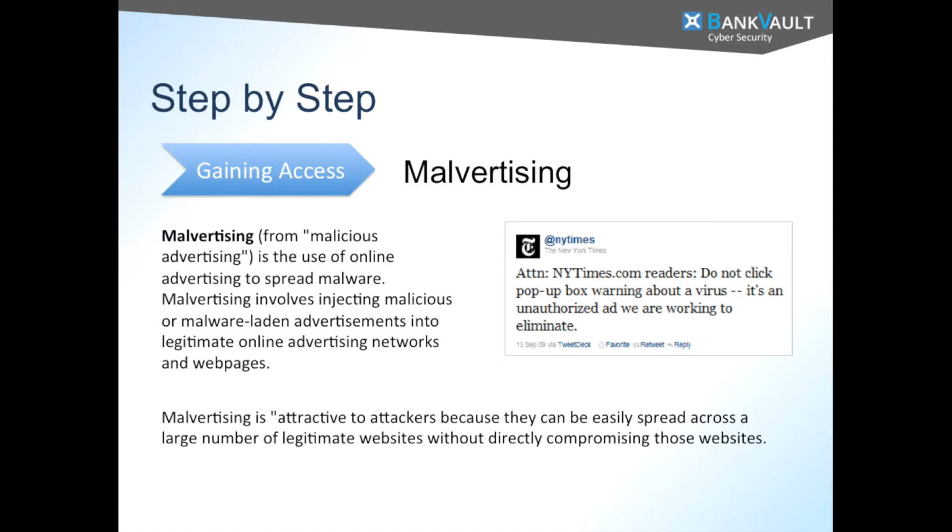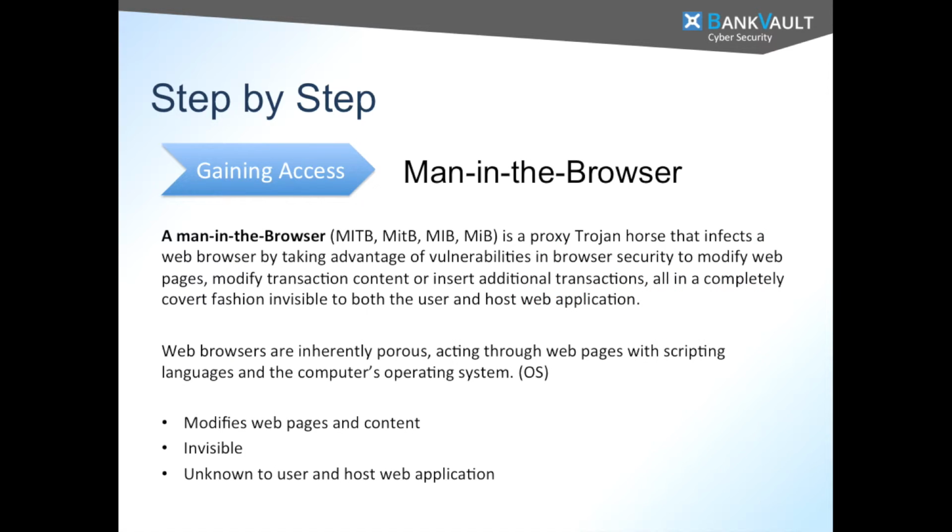An even more nefarious or powerful form of endpoint compromise is what's known as the man-in-the-browser attack, sometimes shortened to MITB. A man-in-the-browser attack is a proxy Trojan horse that lives inside your web browser, and it takes advantage of the way web browsers are created so that it acts as a middleman.